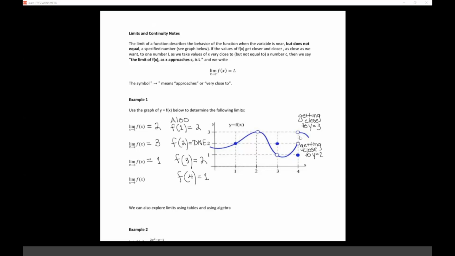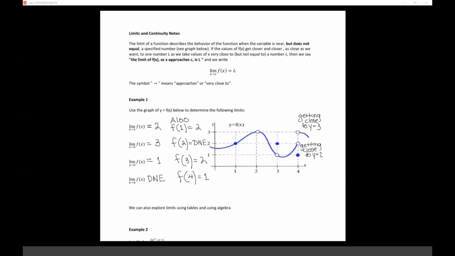Okay, so if you've got a jump like this, you don't have a limit. So the limit from the left is 2, the limit from the right is 3, so we say the limit does not exist. Why does not exist? Because you can't tell which one to pick.